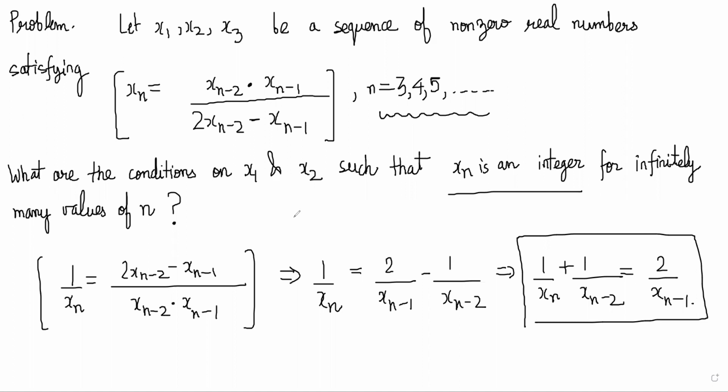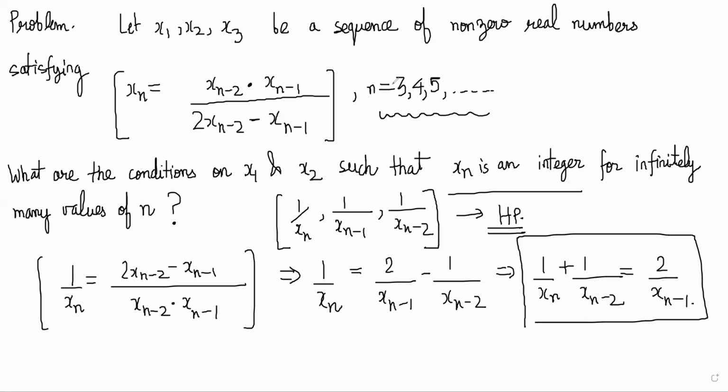So you can say that 1 by xn, 1 by x of n minus 1 and 1 by x of n minus 2 are in HP, right? So this is an HP, and x1, x2, x3 and all will satisfy this HP sort of relationship.